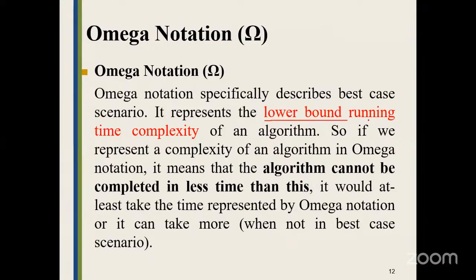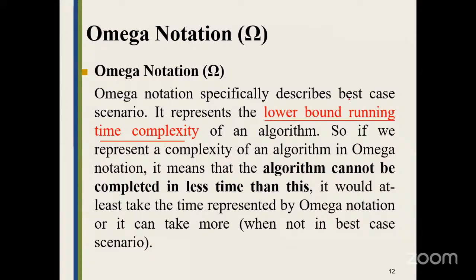Big O is used to represent upper bound running time complexity. Omega notation is used to represent lower bound running time complexity of an algorithm. So if we represent the complexity of an algorithm in omega notation, it means that the algorithm cannot be completed in less time than what we represent.